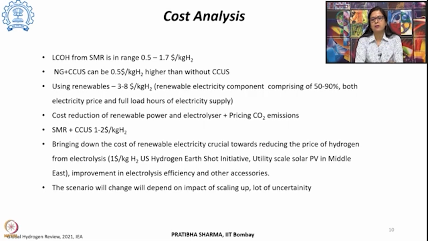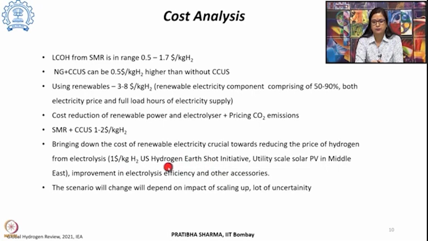And there have been several initiatives globally to bring down that cost, like the US Hydrogen Earthshot initiative, wherein they are considering bringing down that cost by 2030 to $1 per kg of hydrogen being produced.